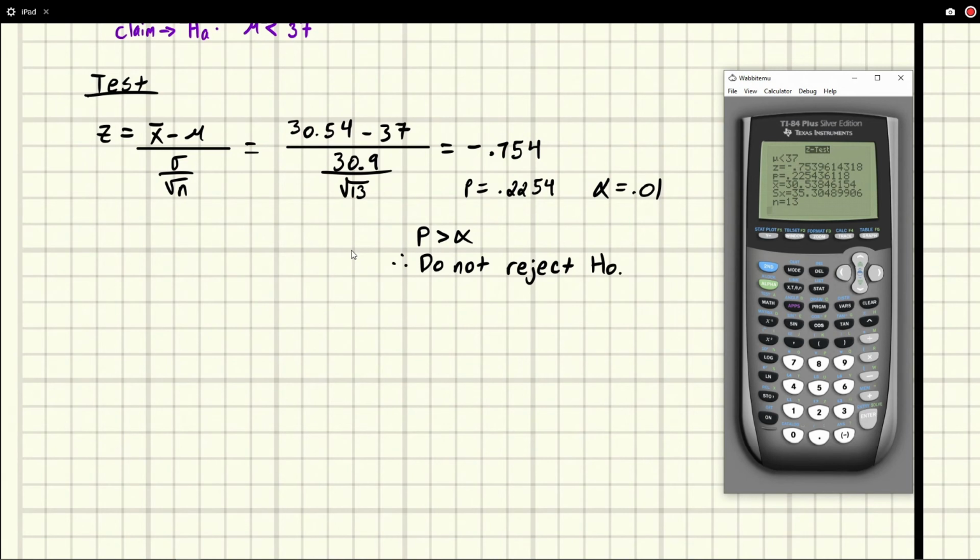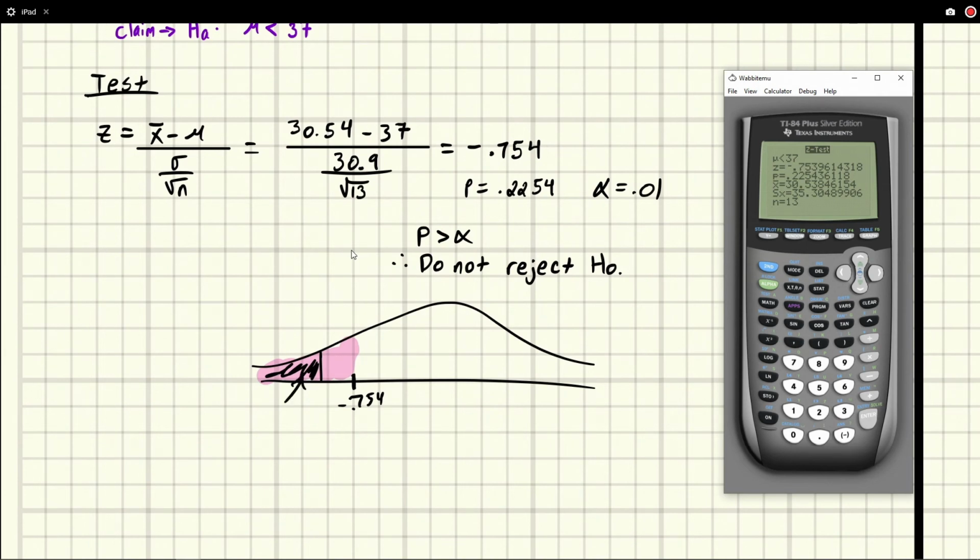Now, we say, therefore, do not reject because, right, if this was on a graph, alpha would be like this shaded region, but then the p-value is a bigger shaded region. And right, this is where the z-score that would go with it would be, so like negative 0.754. So we would say that, hey, our shaded region here is bigger than the alpha shaded region, right?